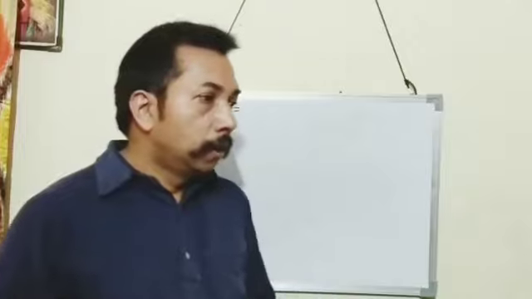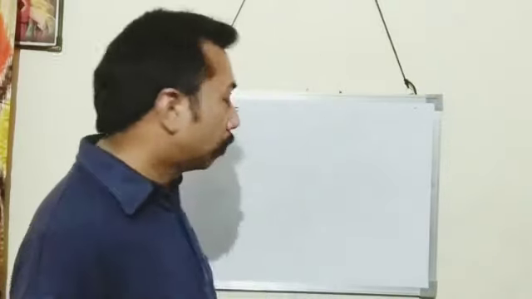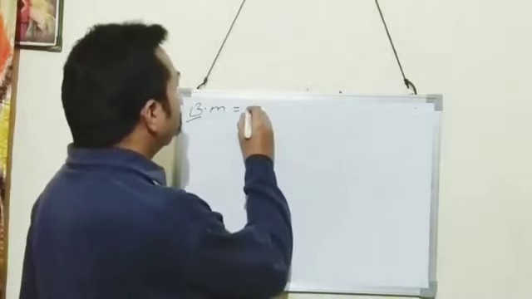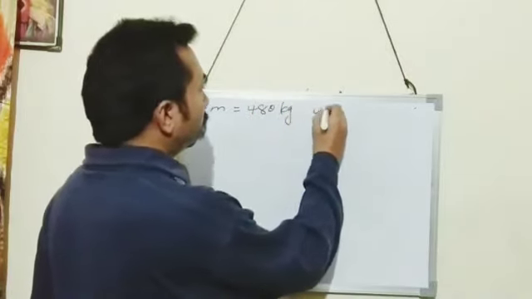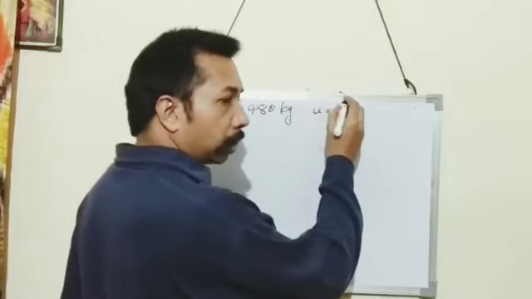Now doing question number 13. A car of mass 480 kilogram moving at a speed of 54 kilometer per hour is stopped by applying brakes in 10 seconds. Calculate the force applied by the brakes. So a car of mass 480 kilogram, moving with an initial velocity of 54 kilometer per hour.